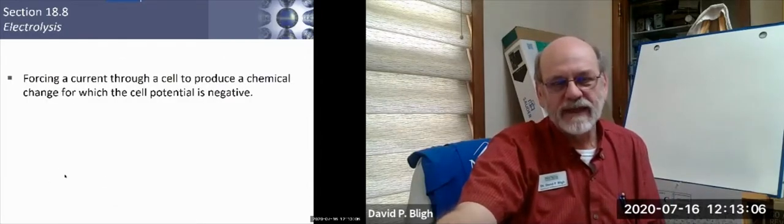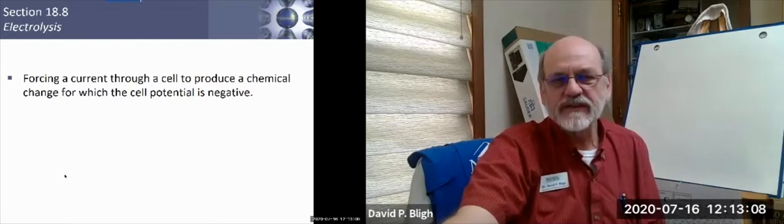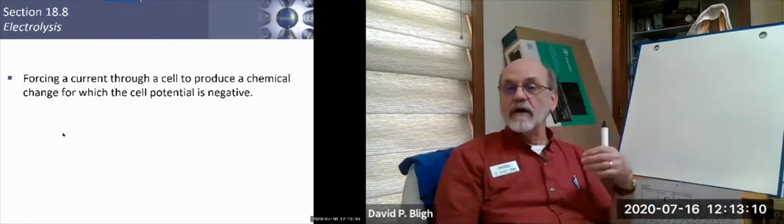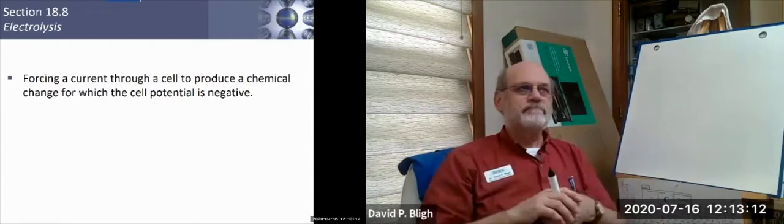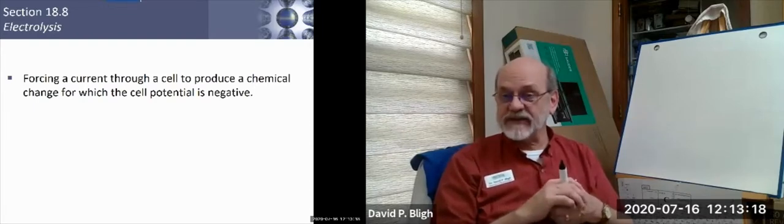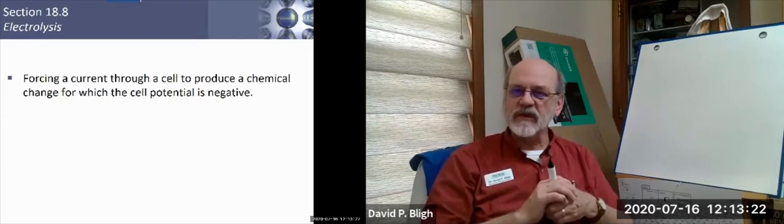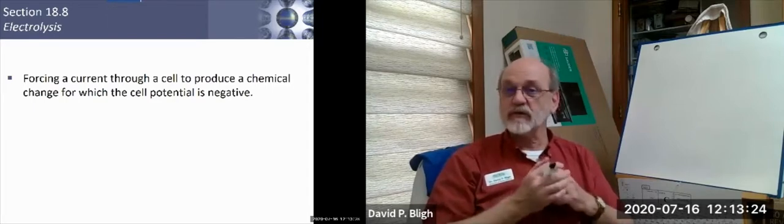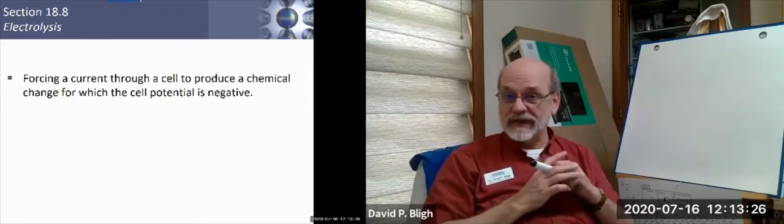Okay. Now, electrolysis is the opposite of the spontaneous reaction that forms a galvanic cell or a battery. We want to run that spontaneous reaction in reverse. We want to reverse it. So what do you need?